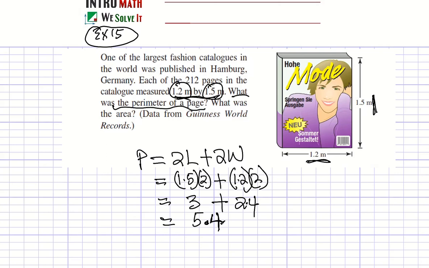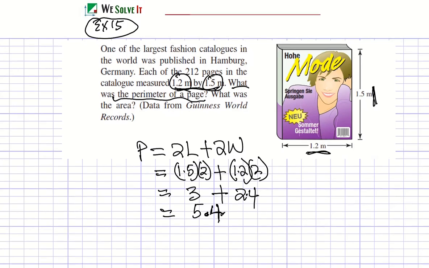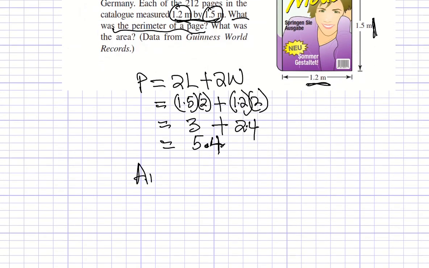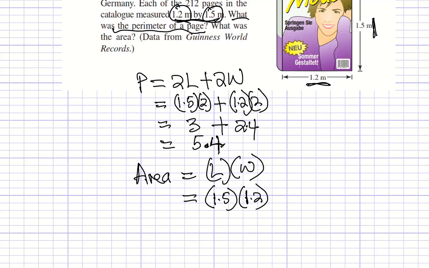What was the area? What is the area of a rectangle? Again, they will give you such information. Area of a rectangle is length times width. So you do 1.5 times 1.2.